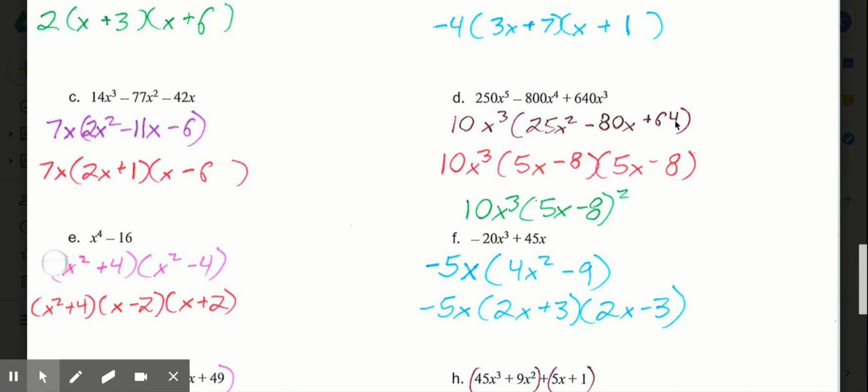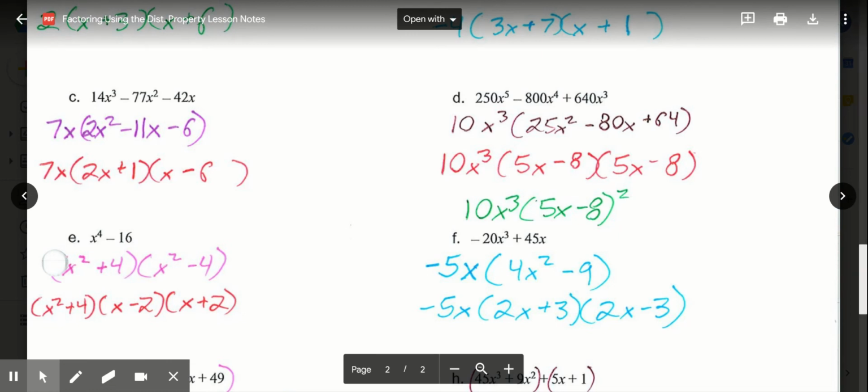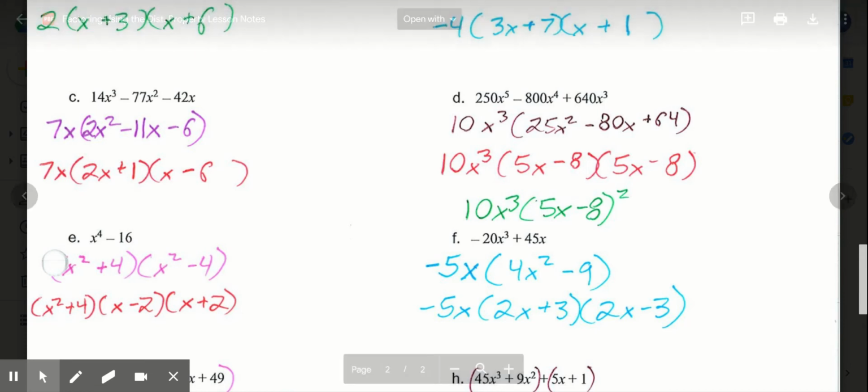So I can just factor that down to a minus b, squared, from the a squared minus 2ab plus b squared. So I have my 10x to the third, and then when I factor the inside, it's 5x minus 8 times 5x minus 8. So I can write that as 10x to the third multiplied by 5x minus 8 in parentheses to the second power.